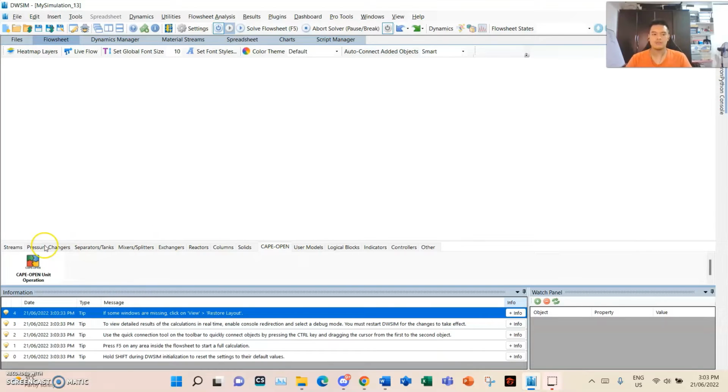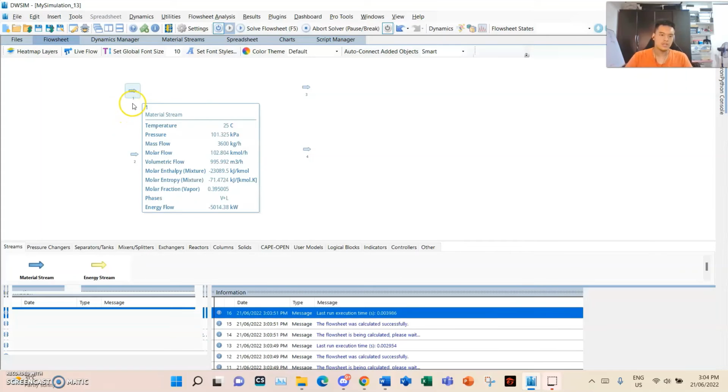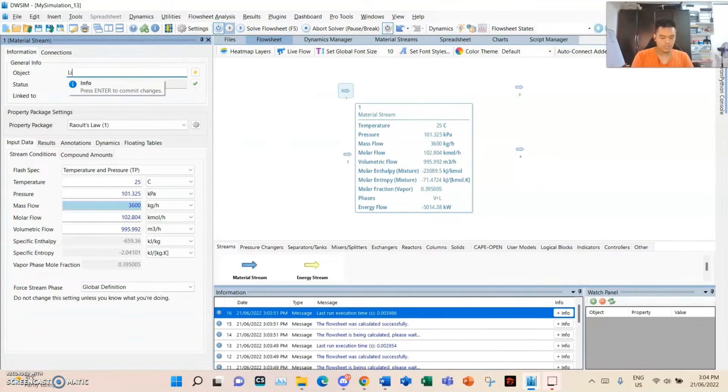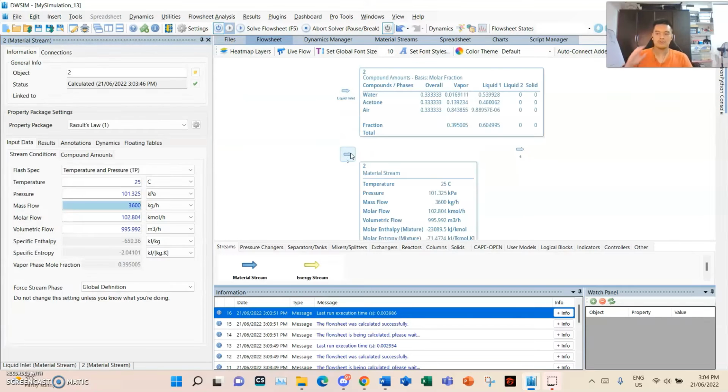Then, since we're dealing with absorption, we will use the CAPE-OPEN. But before we can use the CAPE-OPEN, we must prepare our respective material streams. So the liquid inlet, the gas inlet, the liquid outlet, and the gas outlet. So in absorption, it's always that the liquid flows from top to bottom. So we'll change this to liquid inlet, and the gas must flow from bottom to top.